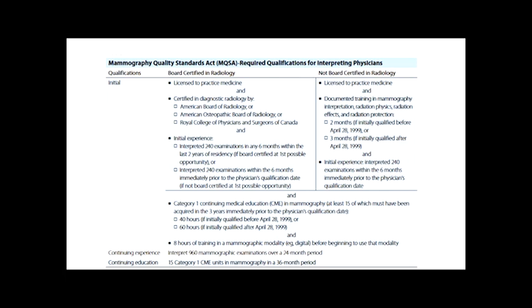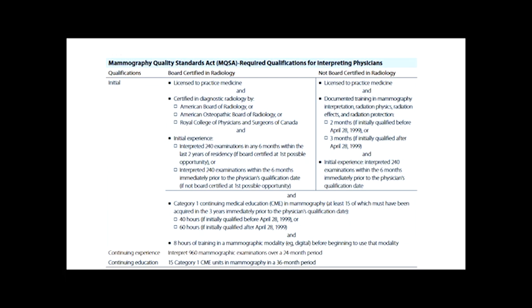There's alternatives if they're not board certified in radiology, and you'll see that in all components where if you're not board certified in radiology, then there's an alternative path to being able to become qualified initially.